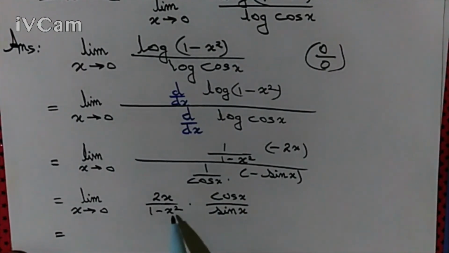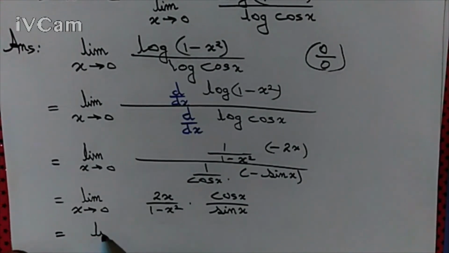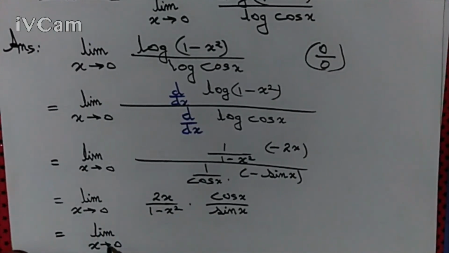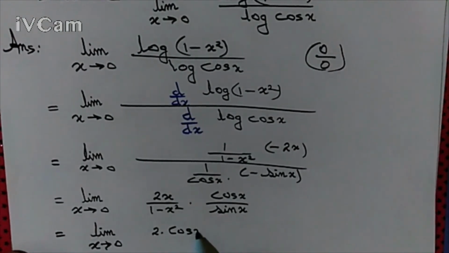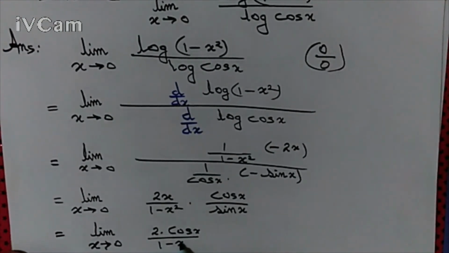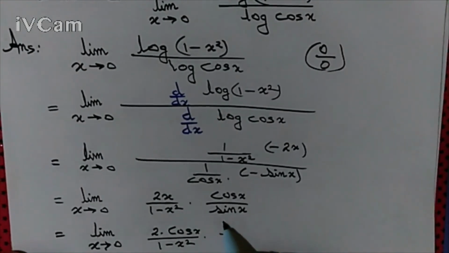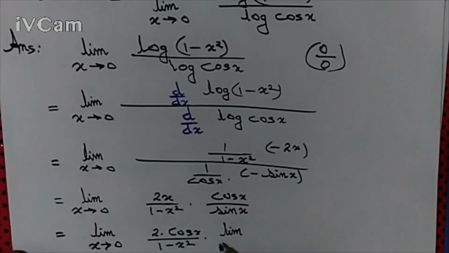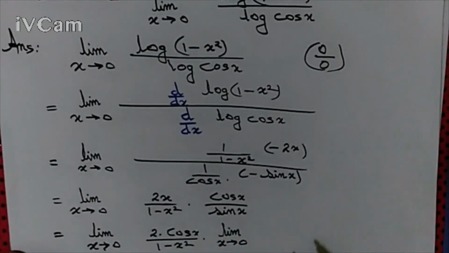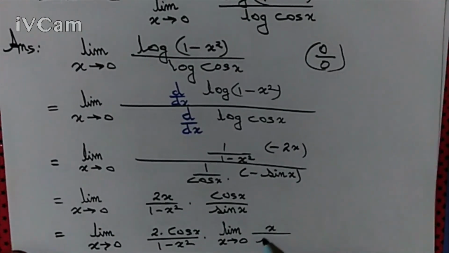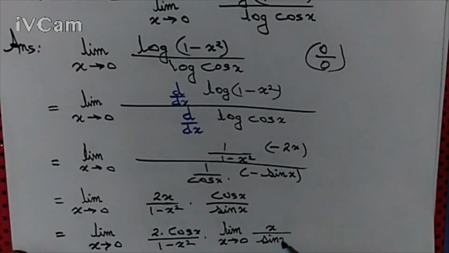As x tends to 0, 1 minus x squared is also 1. So limit x tends to 0 2 cos x by 1 minus x squared into limit x tends to 0 x by sin x.